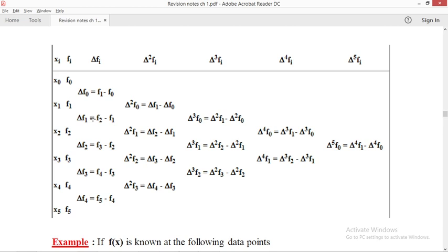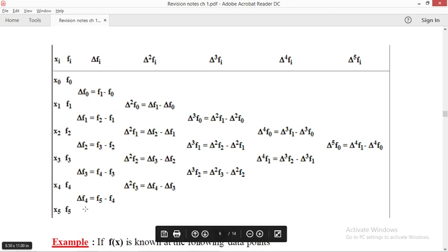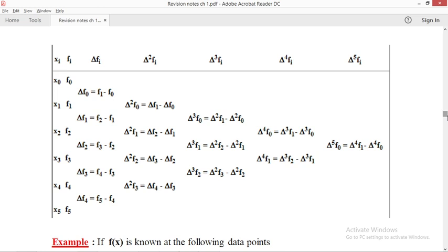So it is del f1 minus del f0, del f2 minus del f1, del f3 minus del f2, del f4 minus del f3. Again, for the third difference, we follow the preceding column. And like this, we form the table for Newton's forward difference.